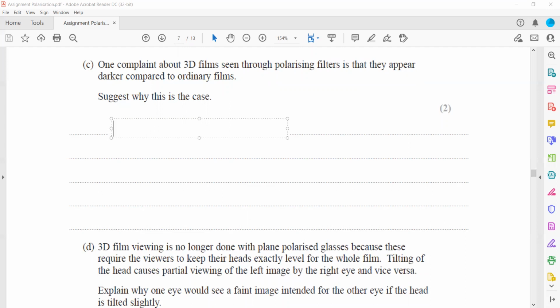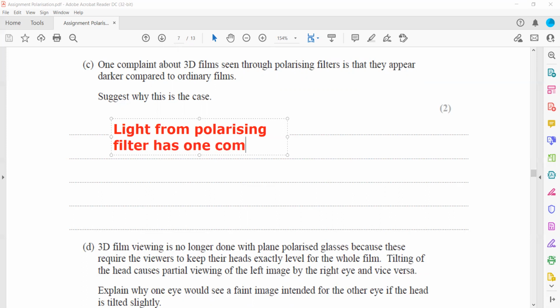So light from a polarizing filter has one component, which reduces the intensity.